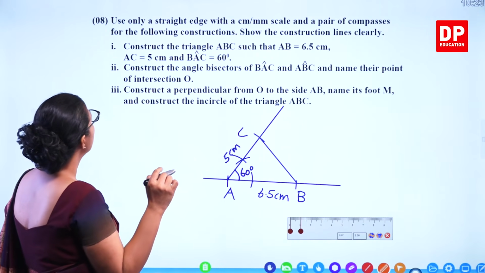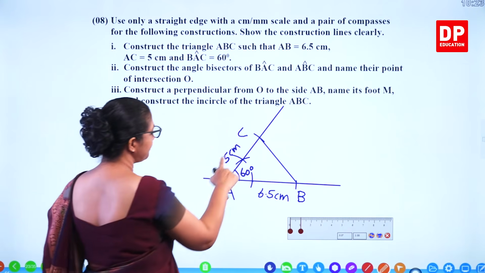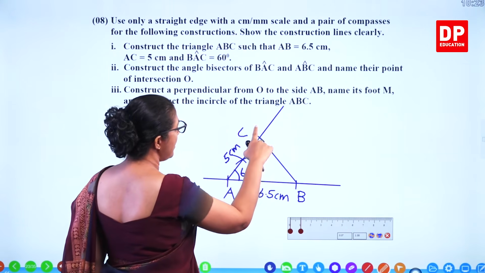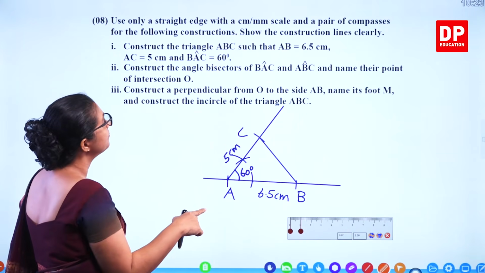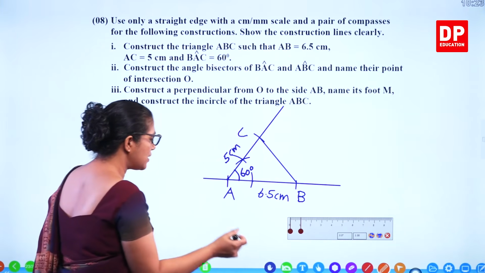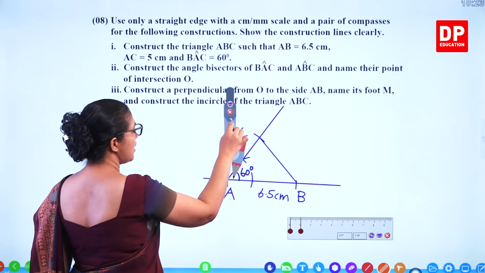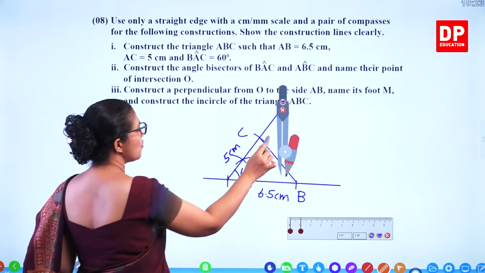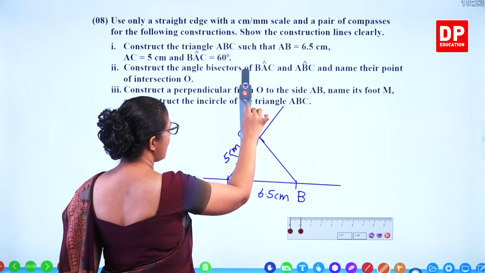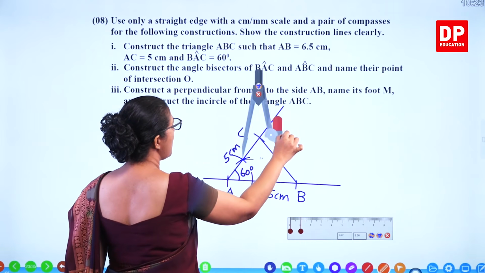What's the next step? Construct the angle bisectors of BAC, this one, and ABC, and name their point of intersection as O. So we'll draw the angle bisectors. Here we already have this line, so we'll take any length from here, because we need to bisect the angle.